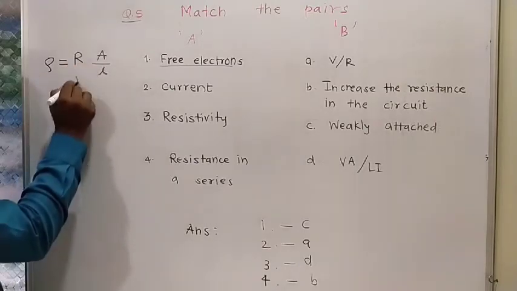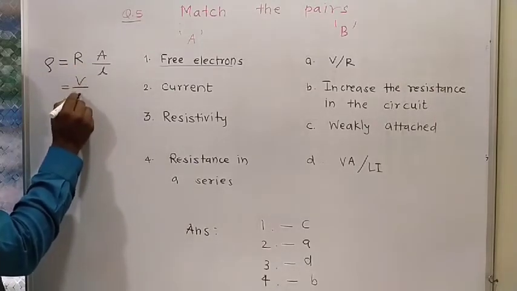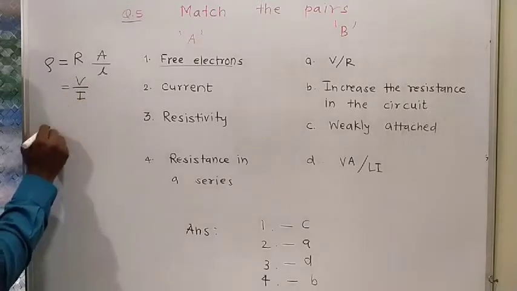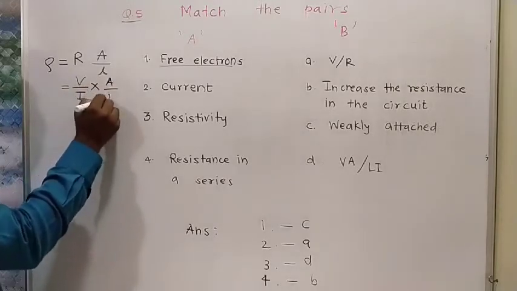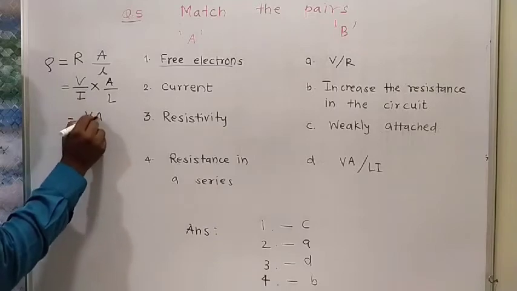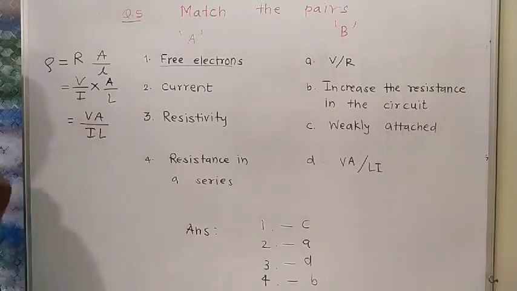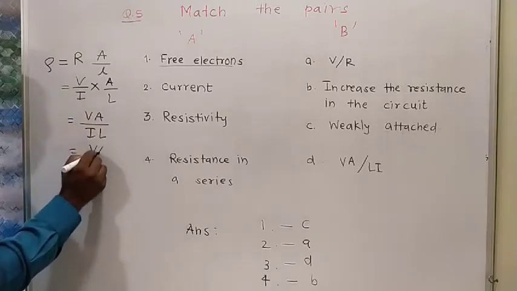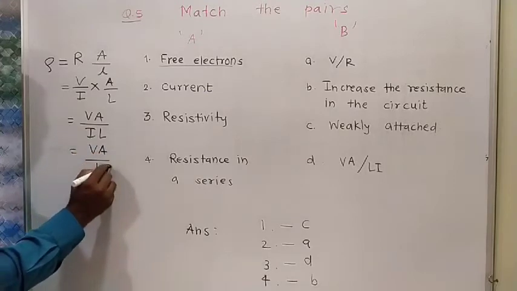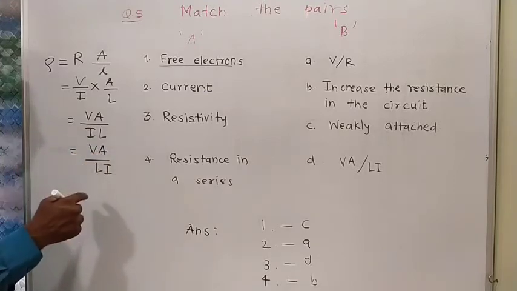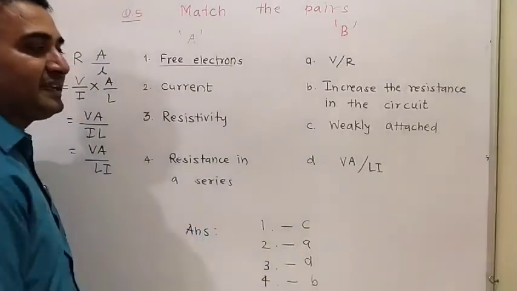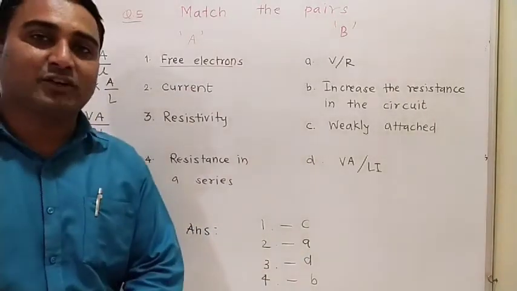Just as we have discussed, it is V divided by I, into A divided by L. So what value are we getting? VA divided by IL, or VA divided by LI. What will be the difference? So where do we have this one? D. So option D for the third is the correct option.